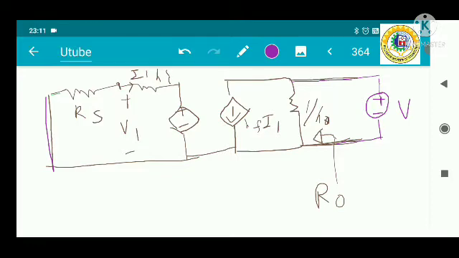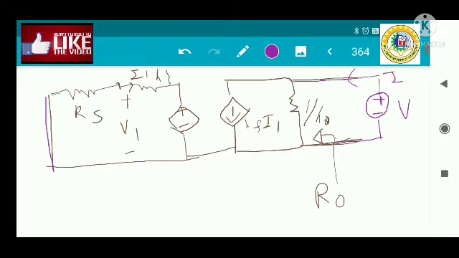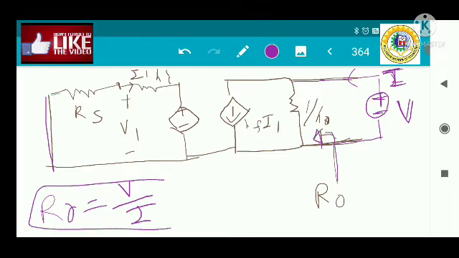So there is a voltage and current is flowing through it, I. So this is the procedure of the network theorem. Okay, so we connect an arbitrary voltage source here, and current flowing through is I, and the output resistance can be written as V divided by I, looking from that terminal. So this is the way we can calculate in our network theorem.